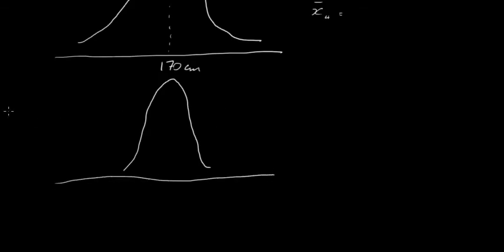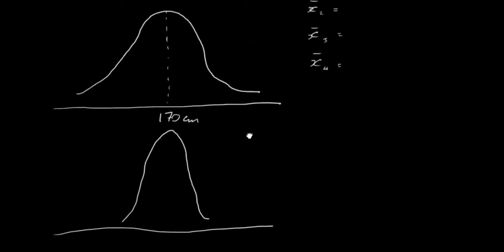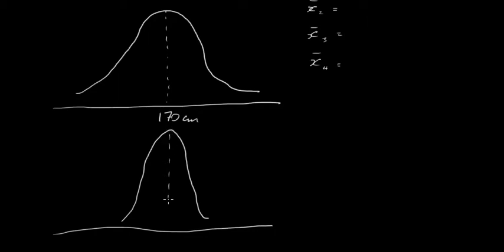Okay, so we'll find that the distribution will be a lot narrower, of course, than the original population distribution, because most of our means here are somewhere around 170 in this case. So there's going to be much less of a spread. But what we will also find, in fact, is that the mean of our sample means will also be 170 centimeters.